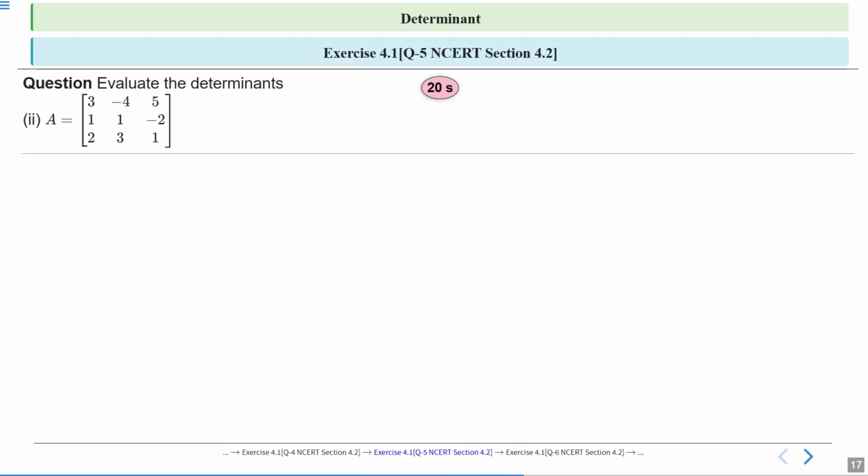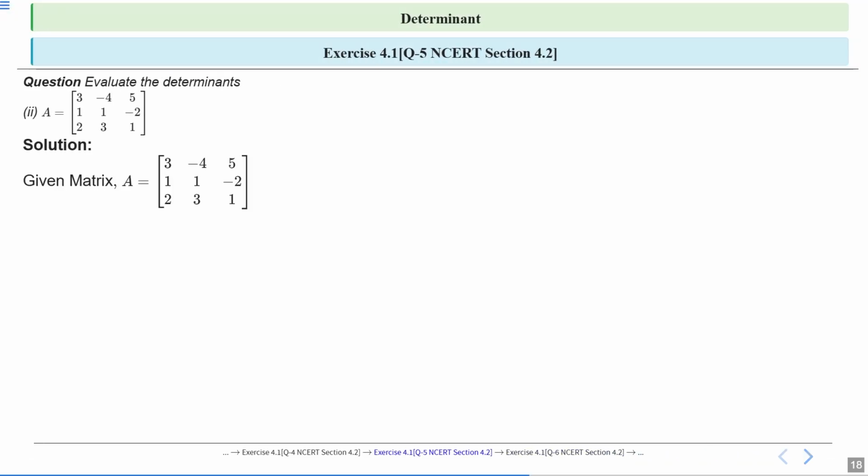Now, question 2 is, there is a given matrix of 3 cross 3. So evaluate the determinant. The given matrix is 3, minus 4, 5, 1, 1, minus 2, 2, 3, 1.